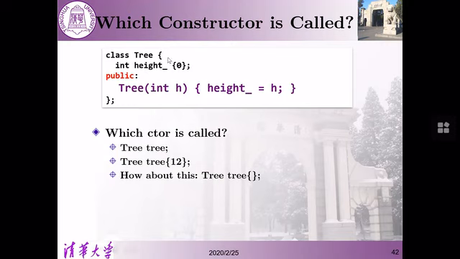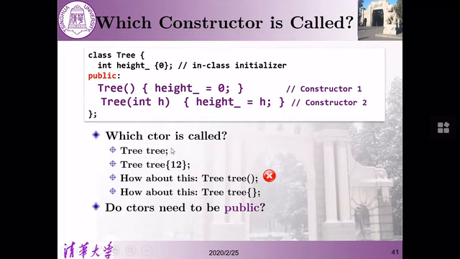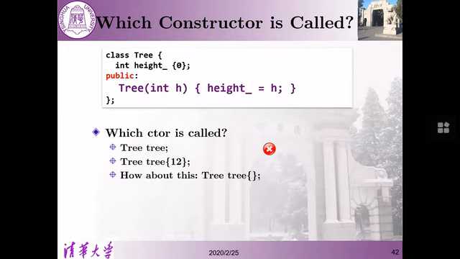So for this case, there is no default constructor. This gets an error, and this gets an error, because we have already defined one and the compiler will not generate another. These two are wrong, okay?